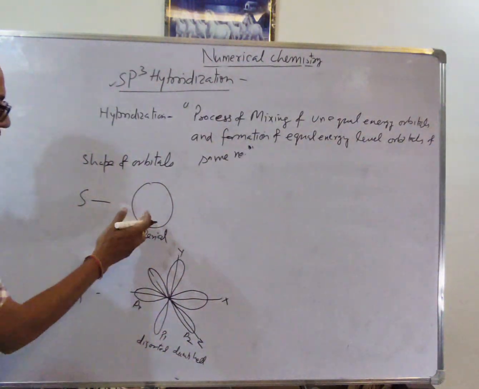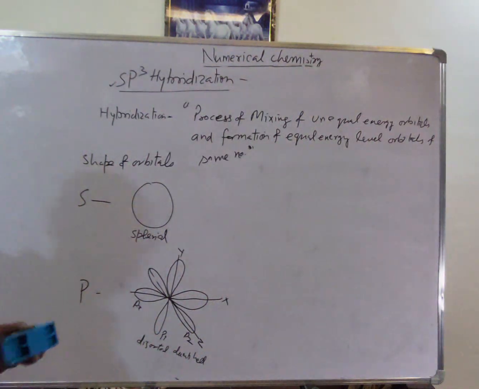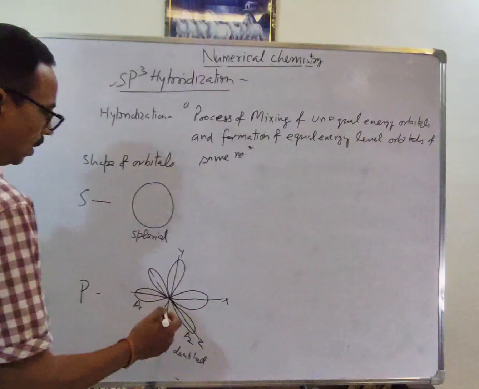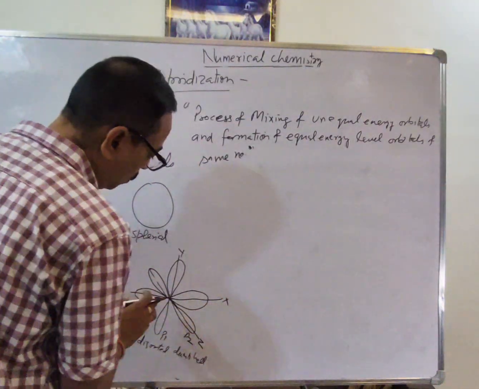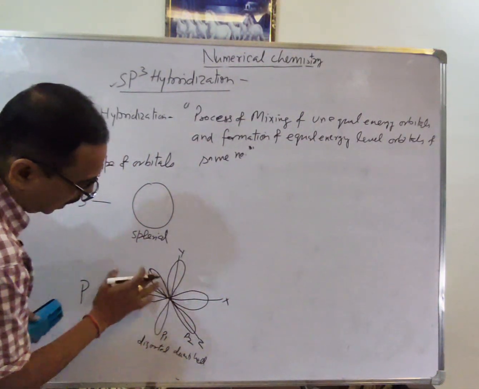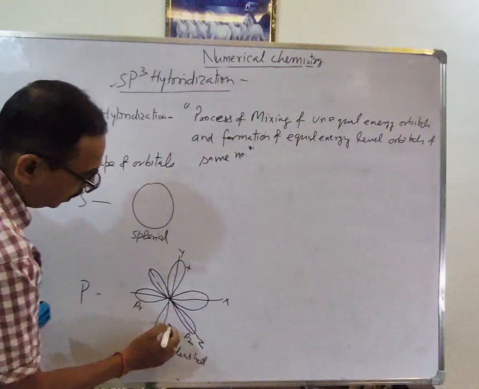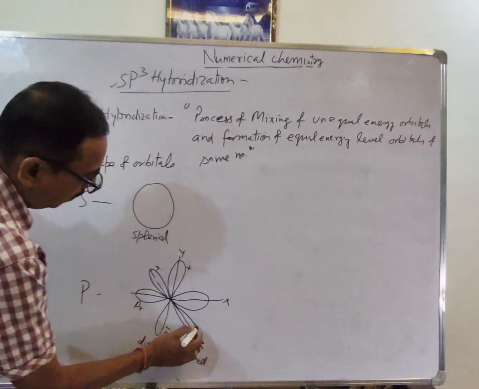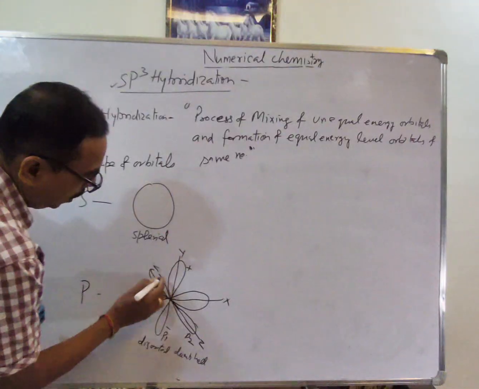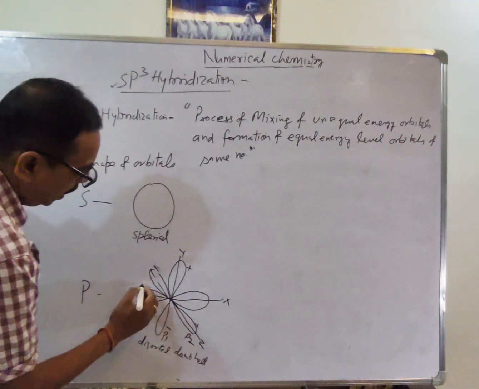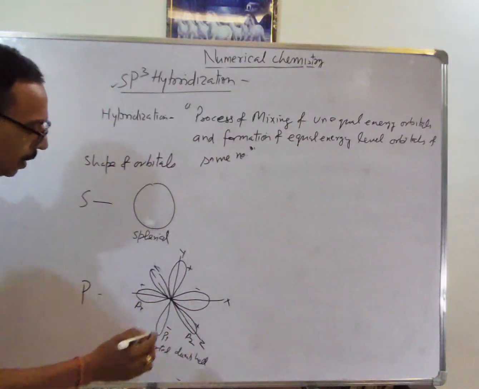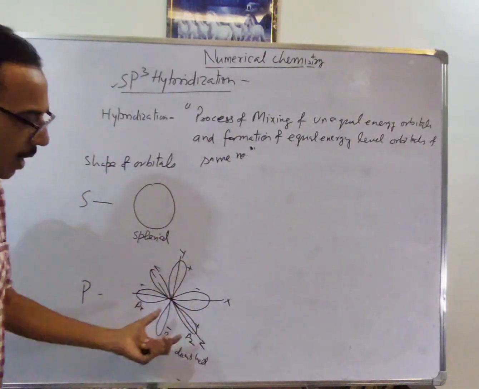So this is the orientation of p orbitals. This is the p orbital, this is the s orbital. In short, p is shown as a first half and second half. This is plus half, this is minus half. Similarly, this is plus, this is minus. This is the nodal point. So it looks very complicated.